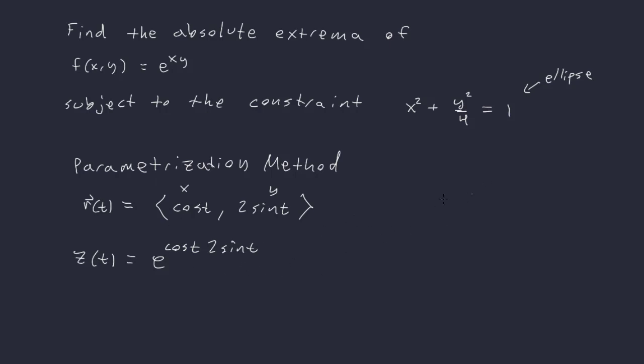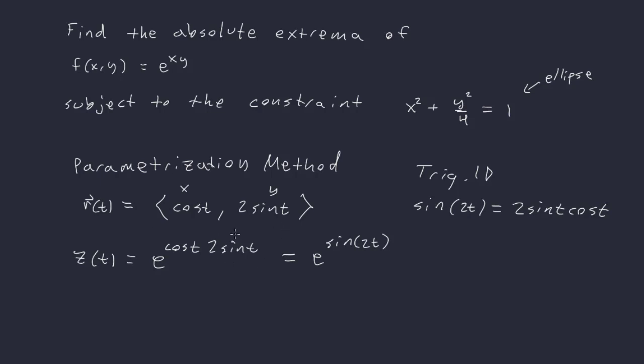And let me tell you something that will make this problem a lot easier to do is this identity here. So this trig identity, which is that sine of 2t is equal to 2 sine t times cosine t. Okay, so we can bring this together to be simply e to the sine of 2t.